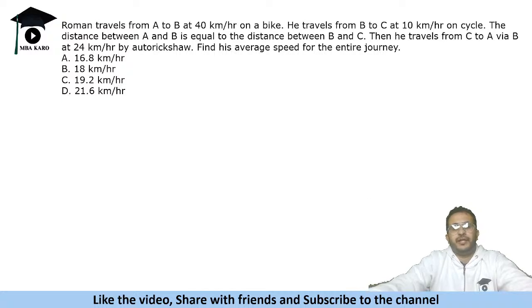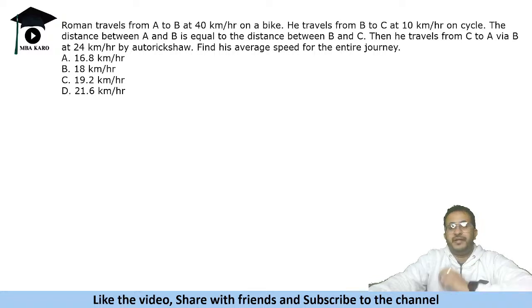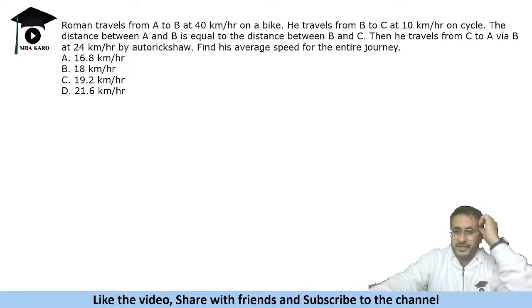Roman travels from A to B at 40 km per hour on a bike. He travels from B to C at 10 km per hour on cycle. The distance between A and B is equal to the distance between B and C. Then he travels from C to A via B at 24 km per hour by auto rickshaw.